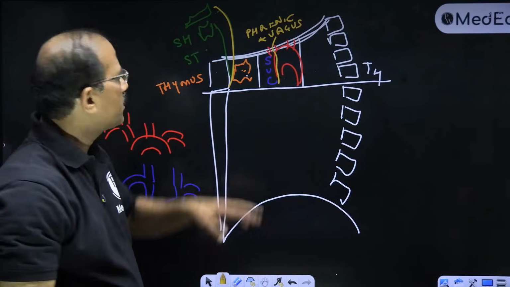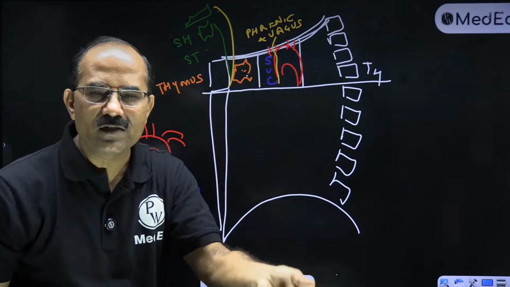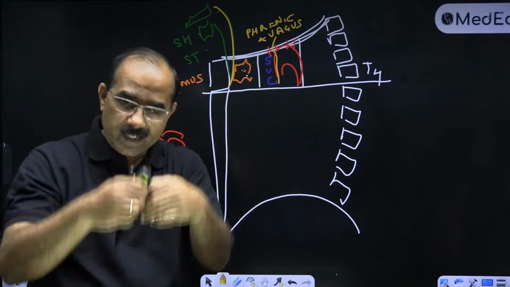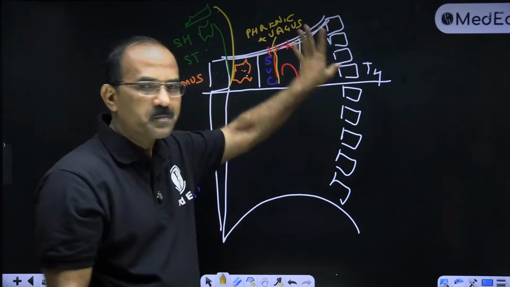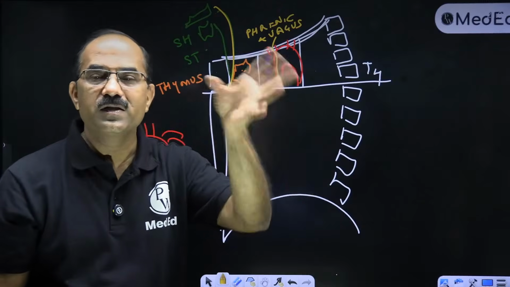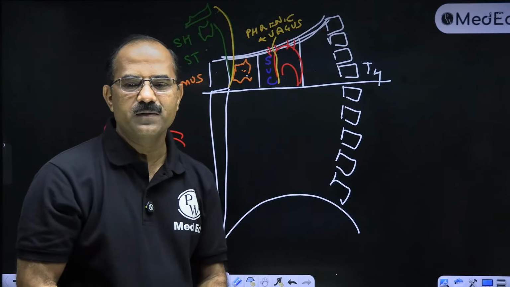So the middle part of the superior mediastinum has the formation of the SVC, the arch of the aorta and its branches, and the phrenic and vagus nerves.